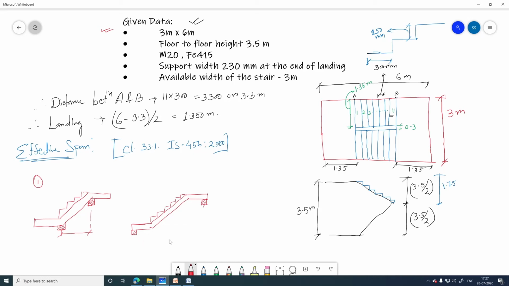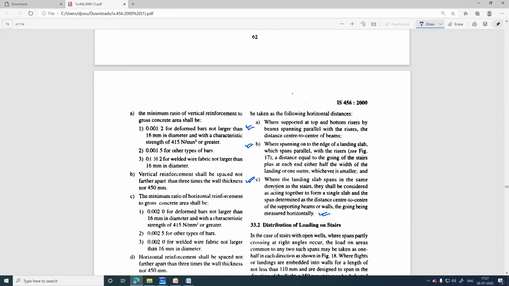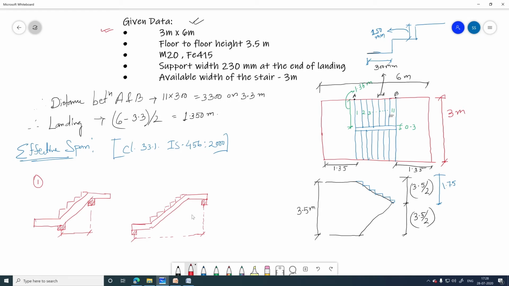In the third point, if the beams are present at the end of the landing slabs, we will consider this effective length of the span, and if the beam is present at the top and bottom risers, we will consider that effective length.